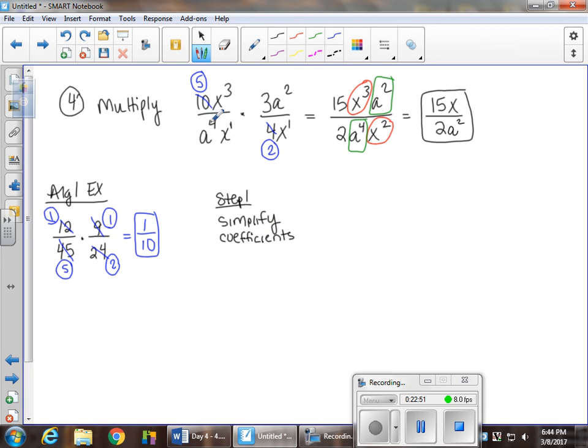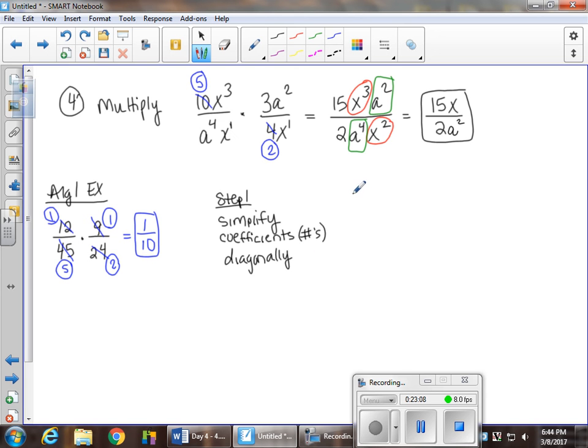So these numbers in front are all coefficients diagonally. And if you don't think you remember what coefficients mean, we're really just talking about the numbers, right? We simplified the numbers or the coefficients diagonally.